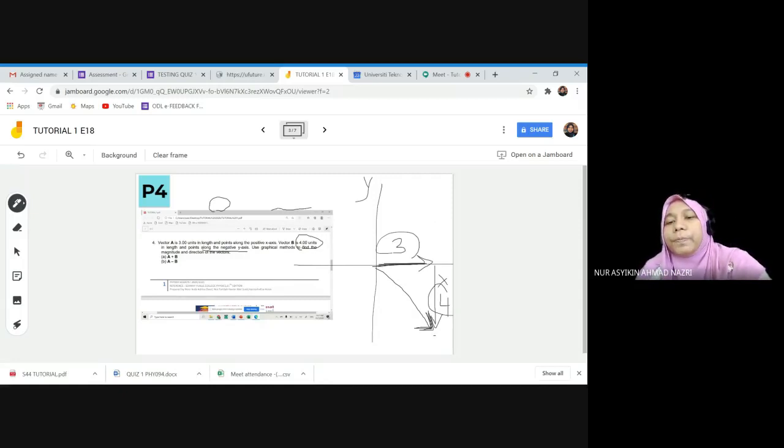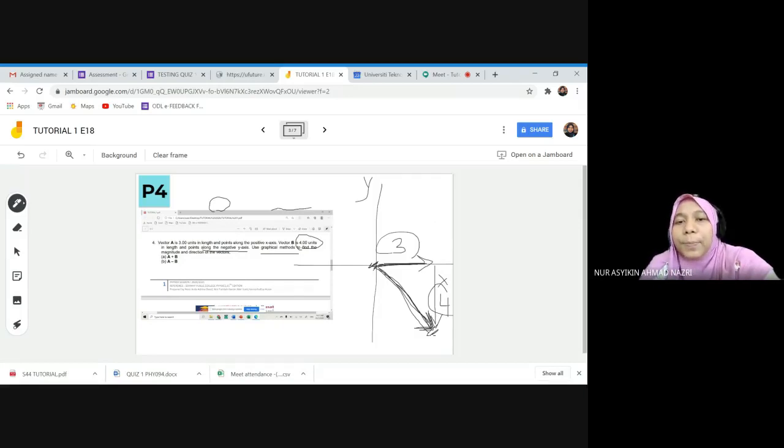Okay. So tail to tip method. Okay. So this is your, so you measure lah. Please don't calculate lah. Please don't calculate. Okay. Make sure you present your answer from the measurement. Okay, so bila graphical method akan ada markah untuk scale.